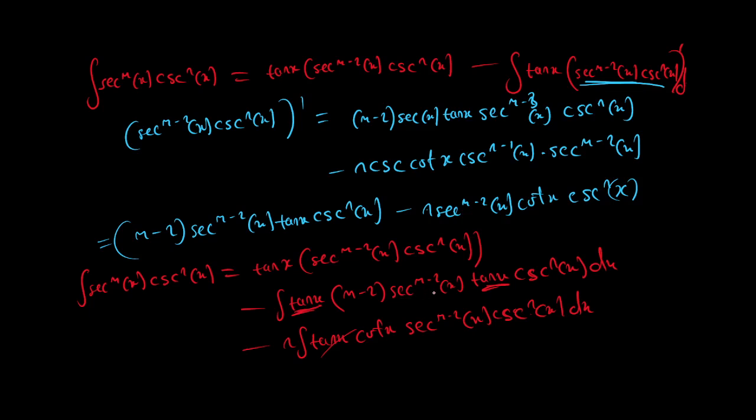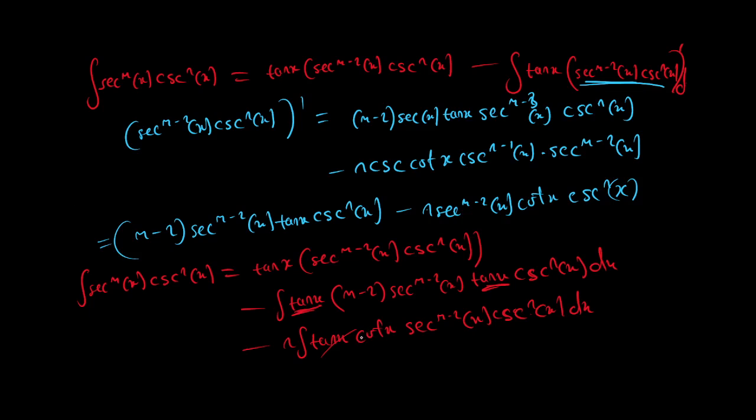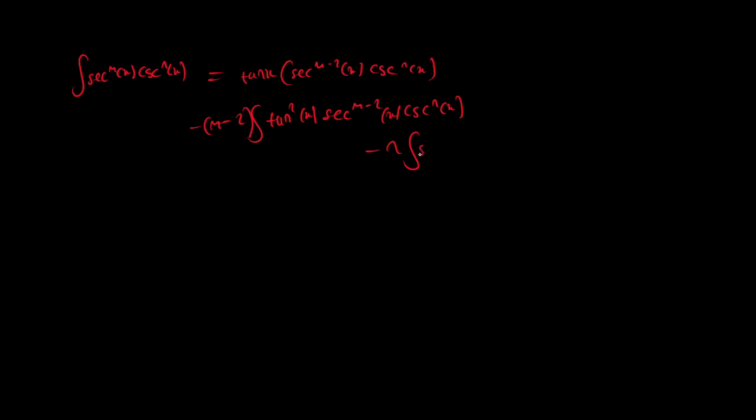So we have tan squared of x secant to the m minus 2 of x and then cosecant to the n of x. Okay, let's not forget m minus 2. So you have m minus 2. So we also have to subtract n times the integral of, for this part here, the tan of x and cotangent of x cancel out, so you have secant to the m minus 2 of x and cosecant to the n of x dx.